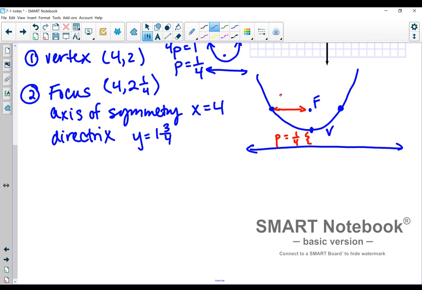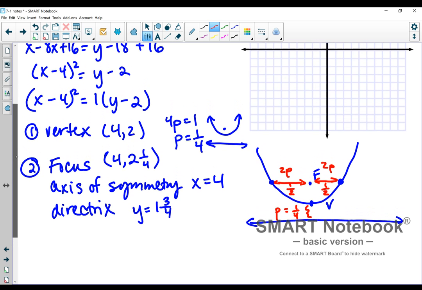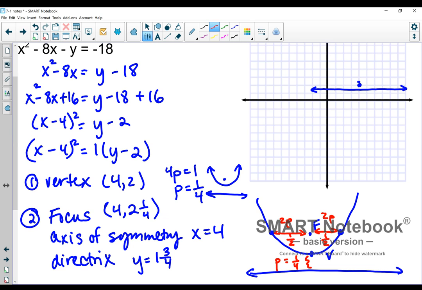So this is 2p here, and this is 2p over here. So the whole length of it is 4p, but it's 2p on each side of the focus. So if p is 1/4, then 2p is going to be 1/2 this time. So I need to only go over half a unit to the right and left of that focus to come up with those points on the latus rectum. So this is going to be a really tightly packed, tiny looking parabola.